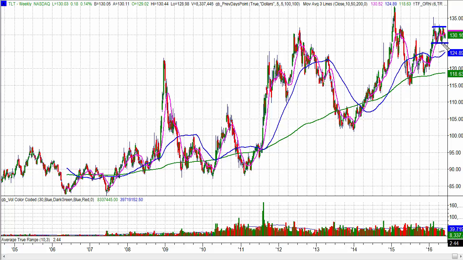Now if you look at this on a weekly basis and not only look at the compression for several weeks up here, but also focus on where this compression is, up near a level that was significant in 2012, was significant at the end of 2014, beginning of 2015, and then again has been significant in 2016.